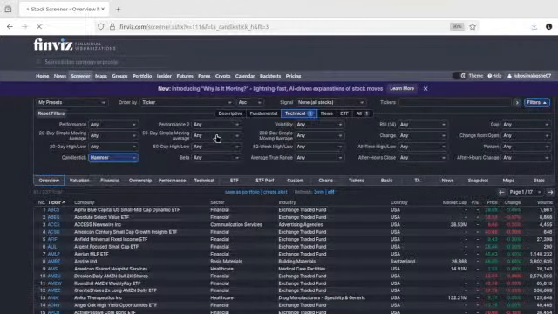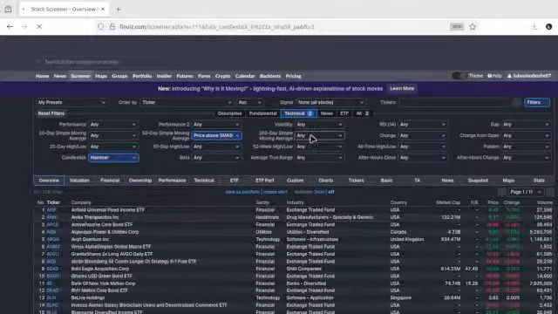And then we say, okay, because of the rocket booster strategy, price above the 50-day moving average. Remember, the rocket booster strategy is price should be above the 50-day moving average and the 200-day moving average, and also the 50-day moving average should be above the 200-day moving average. So there we've said price above 50-day moving average.